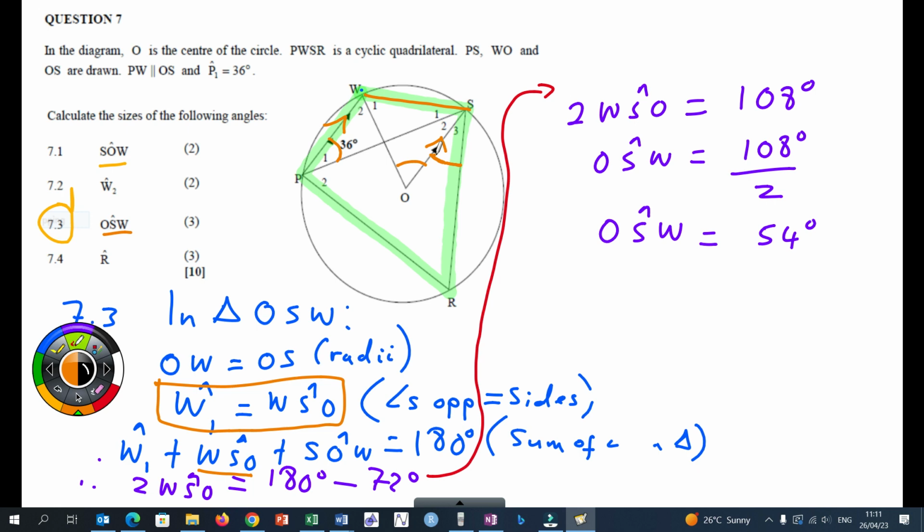So your angle S is what? S1 plus S2 plus S3. It's not equal to S1 plus S2. Angle S is equal to S1 plus S2 plus S3.